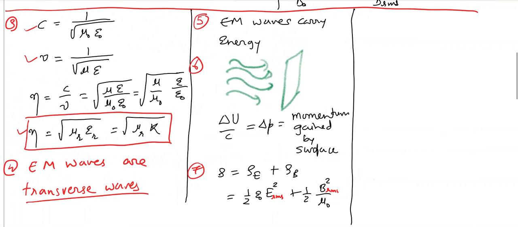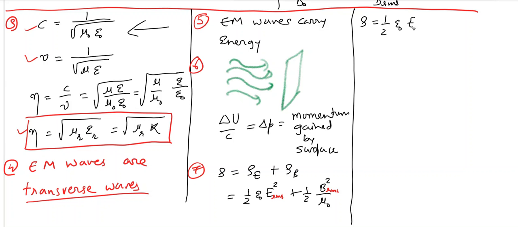Now look at the third property, look at this equation. Using this equation, I can say that rho is half epsilon 0 E RMS square plus half B RMS square by mu 0. If I take the square of this equation, what will I have?